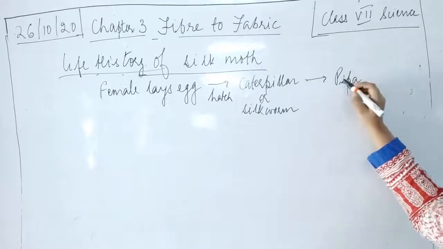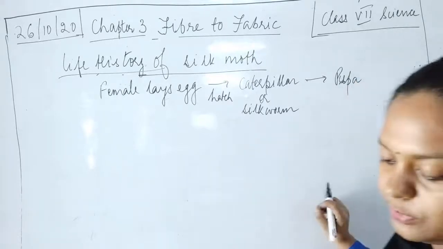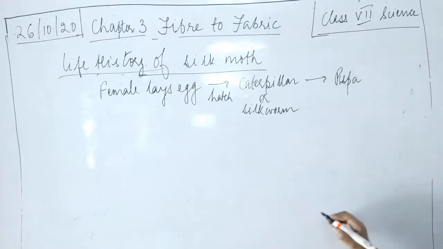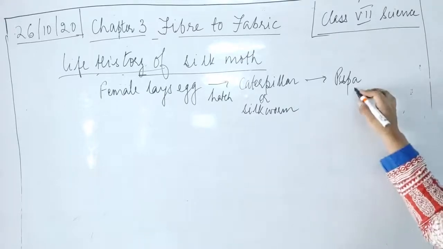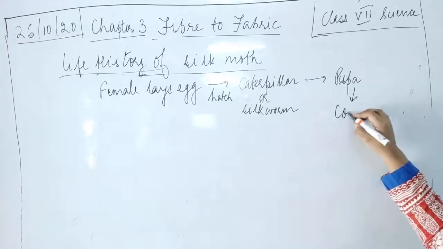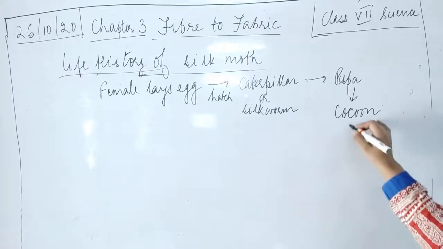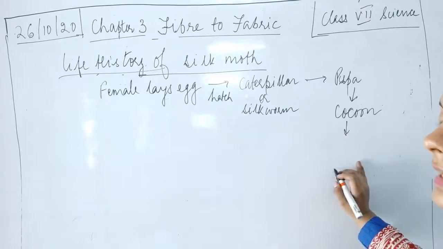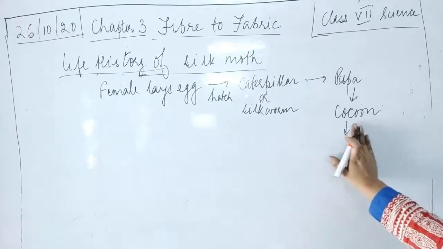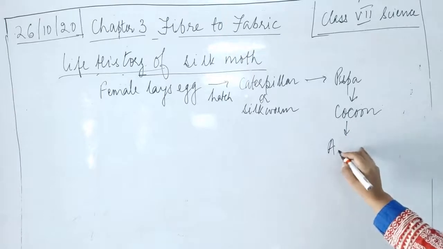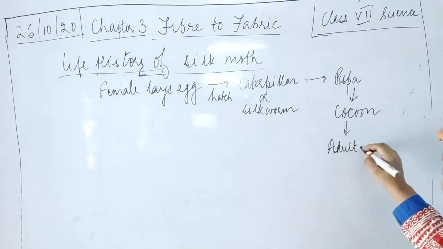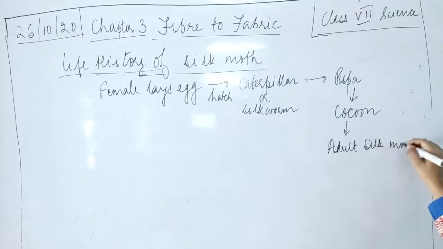This pupa creates its home, the cocoon. Then this cocoon is washed, dyed, and taken out, and it hatches and grows into an adult silk moth.